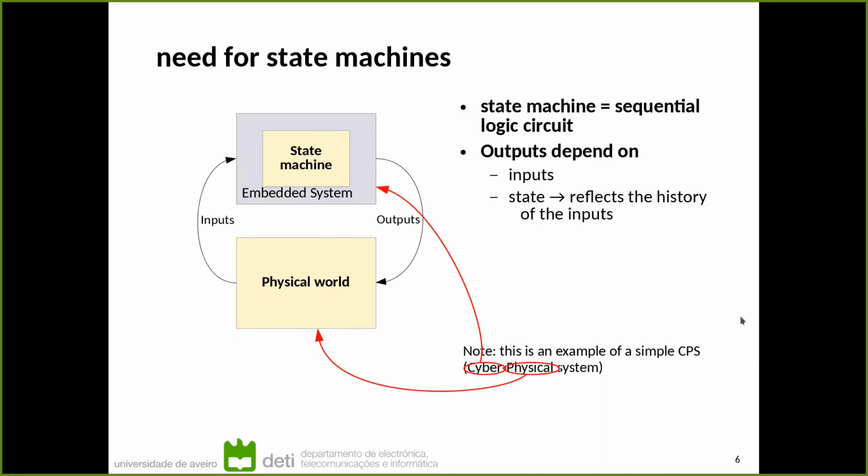You will hear this word very often. And so a cyber physical system is any system that has this combination of a cyber component, in this case, our embedded system, and a physical world component.